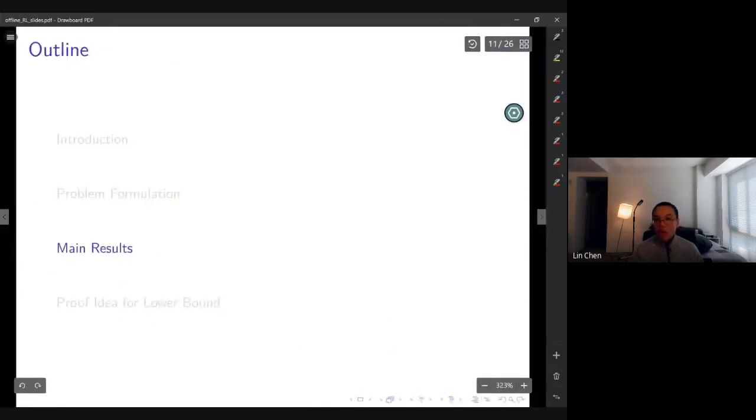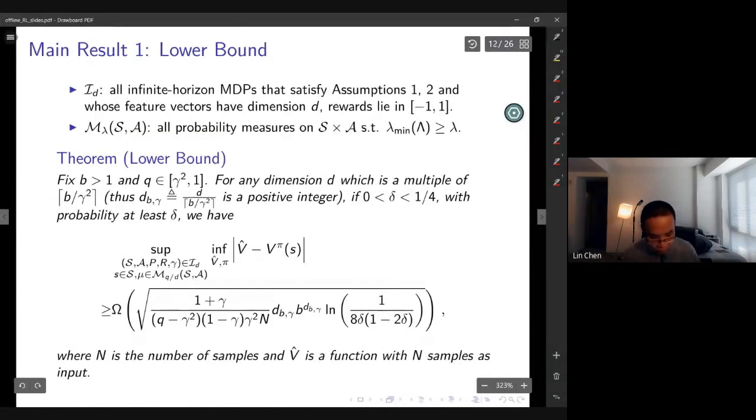Yeah. So let's move on to our main results. Our main results are one lower bound and one upper bound, and let's talk about the lower bound first. We use I_d to denote all infinite horizon MDPs that satisfy our assumptions 1 and 2, which are linear function approximation assumptions, and whose feature vectors have dimension d, and the rewards lie in -1 to 1.